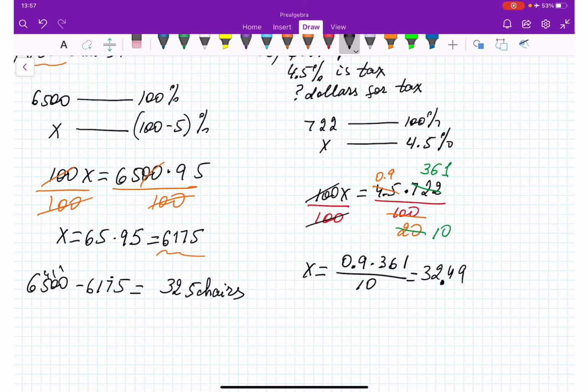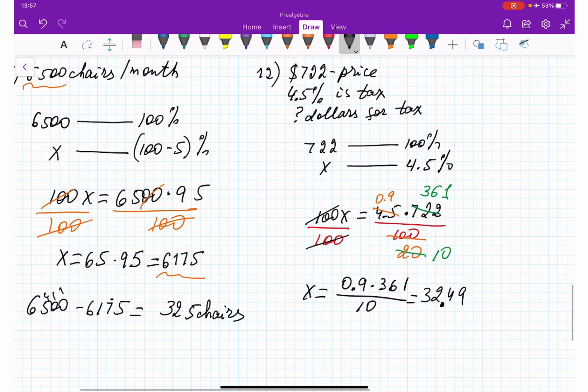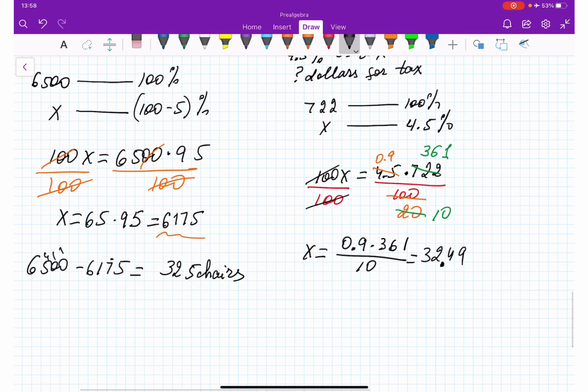Now, the total price. Let me write it down. Total price is equal to price of product plus tax.